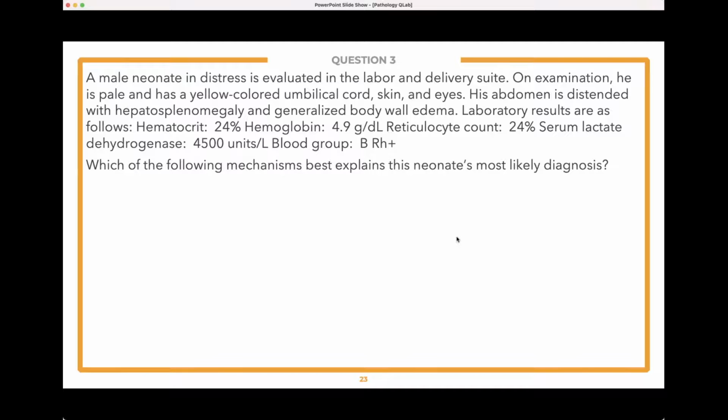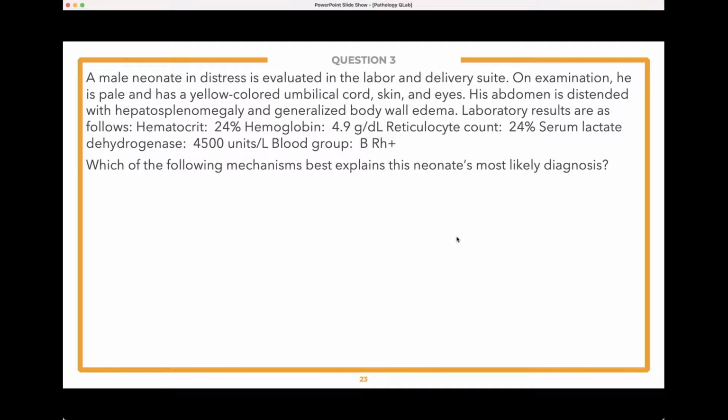On examination, he is pale and has a yellow-colored umbilical cord, skin, and eyes. His abdomen is distended with hepatosplenomegaly and generalized body wall edema. Laboratory results are as follows: hematocrit 24%, hemoglobin 4.9, reticulocyte count 24%, serum lactate dehydrogenase 4,500 units, blood group B Rh+. Now, again, which of the following mechanisms best explains this neonate's most likely diagnosis?